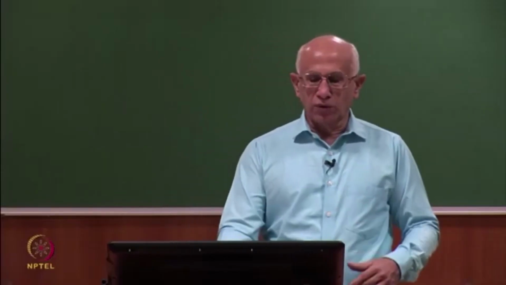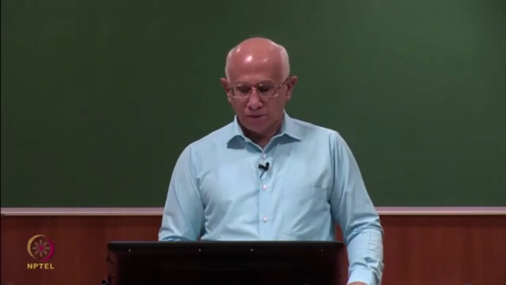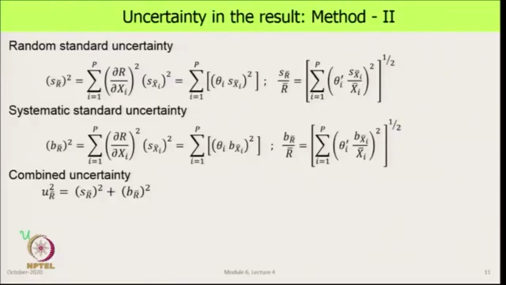So, what we have done so far is assume that we were looking at method 1, and in method 1 I just mentioned we were looking at UXi bar, which we calculated from SXi bar, BXi bar, and then directly from here we calculated Ur bar. And all this came in the category of what we had already classified as a single test as against the multiple test.